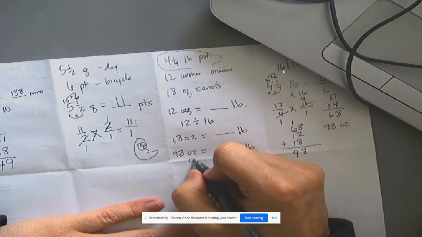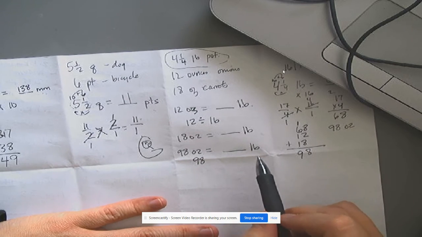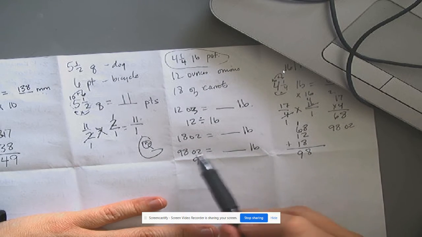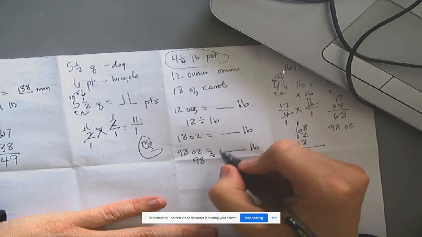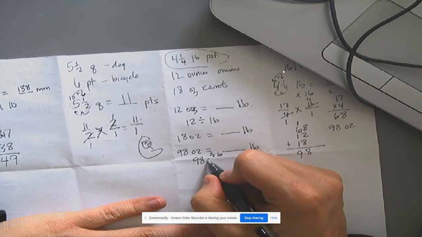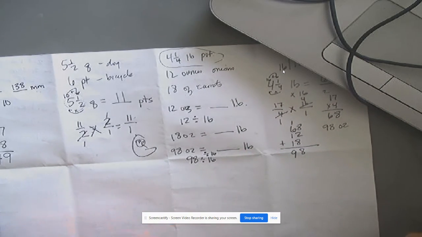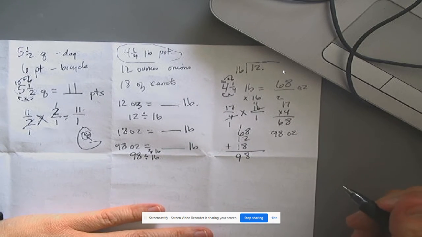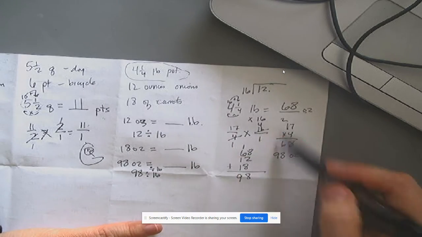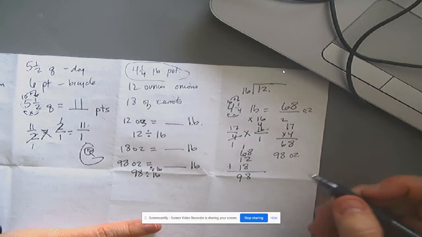Okay, so 98, large to small, small to large. We're going small to large, so fly to horse, divide, of course. So now we're dividing by 16. Now I'm going to give you a hint here, and I will give you hints on the test tomorrow too. This answer needs to be in a fraction.